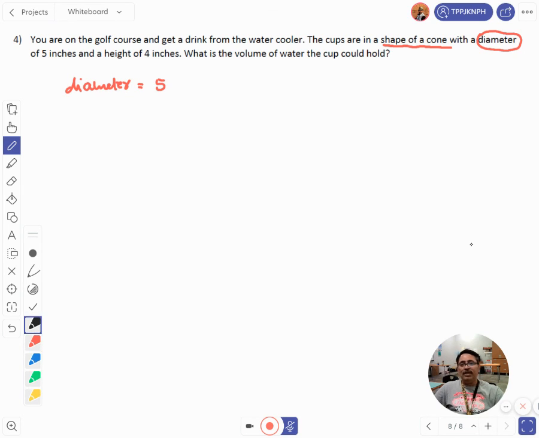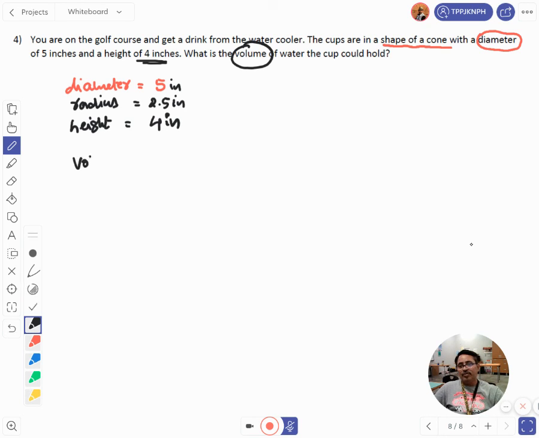If diameter is 5 inches, obviously radius will be half of that, 5 over 2, or 2.5 inches. And height is 4 inches. The question is, what is the volume?